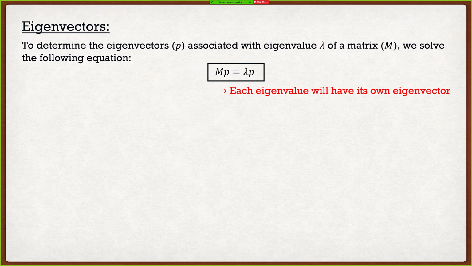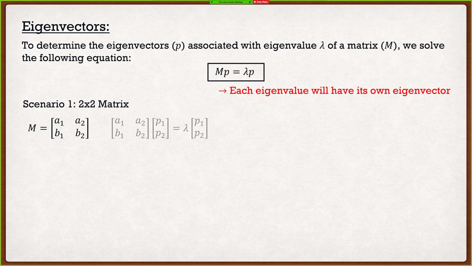All right? So let's say that we pick our eigenvalue lambda. Well, we have scenario 1, a 2 by 2 matrix. Therefore, we input everything into the equation, where we have A1, A2, and B1, B2, so that's our matrix M, multiplied by the vector P1, P2. Those are unknown, and that is equal to lambda, which we know, that's our eigenvalue, multiplied by the vector P1, P2.